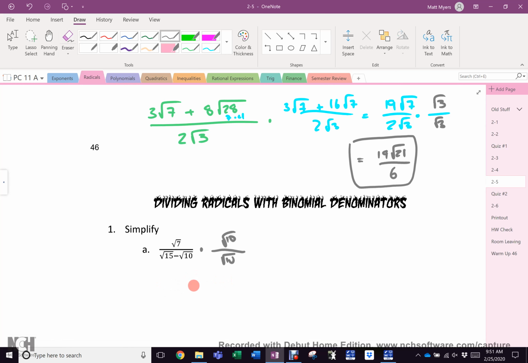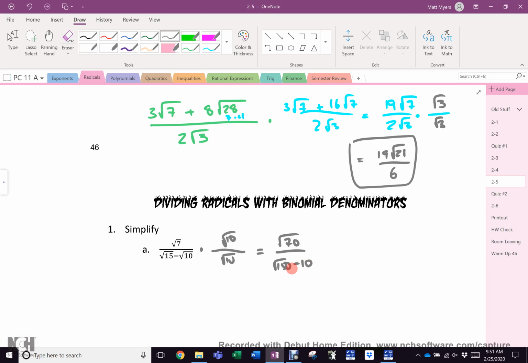So don't write this down. If we follow this, then Jacqueline is going to get us, what's going to be our numerator? Don't write it down, just think. What's going to be our numerator here? Root 70 over what? Root 150 minus 10, yes? Okay, I've still got a binomial down there, right? Okay, so now what do you think you could multiply by?